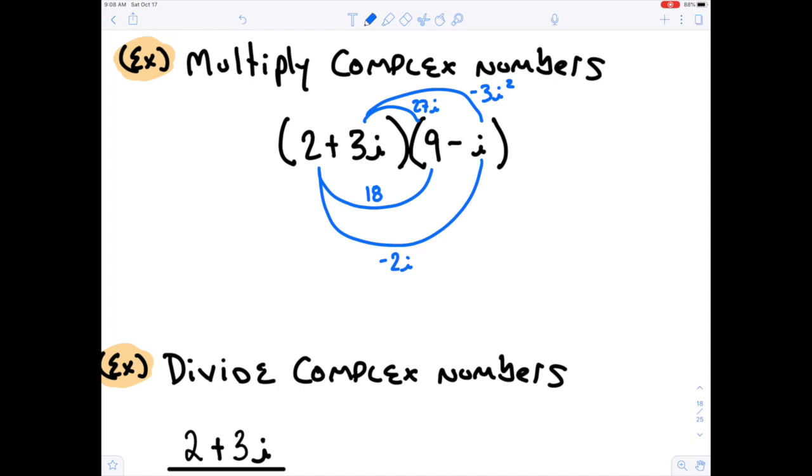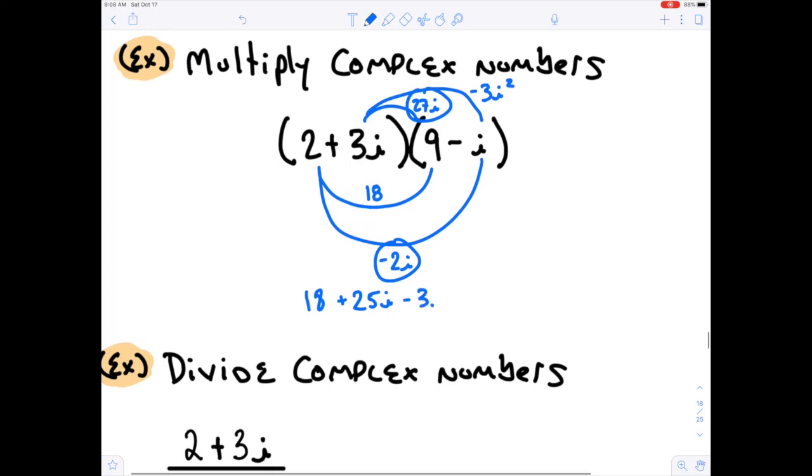So let's put all this together. I have an 18, I have a minus 2i, and a plus 27i. So I'm just going to go plus 25i. I think everybody can manage that. And the minus 3i squared, we're going to give it a little bit more attention and make it a little neater also. I want to remind you that i is the square root of negative 1.